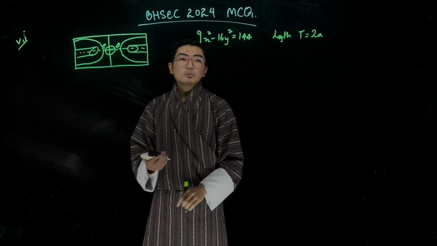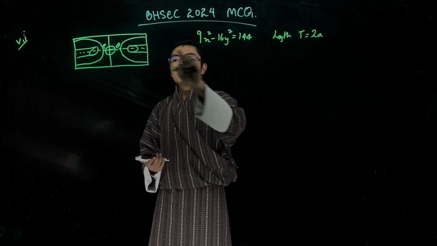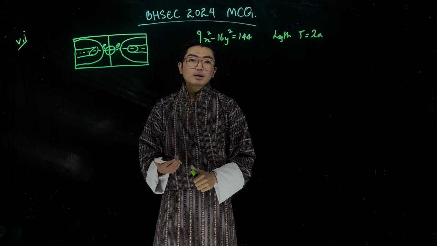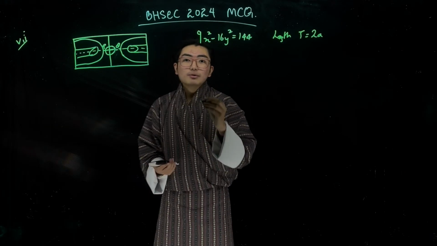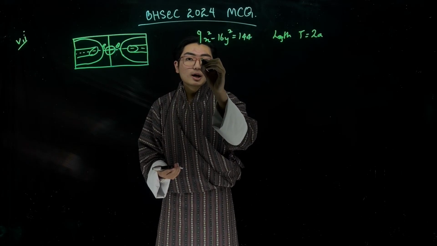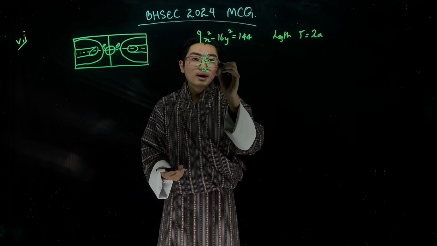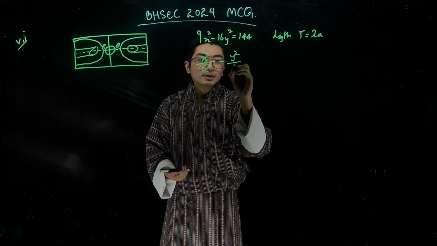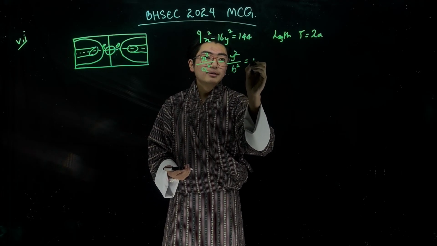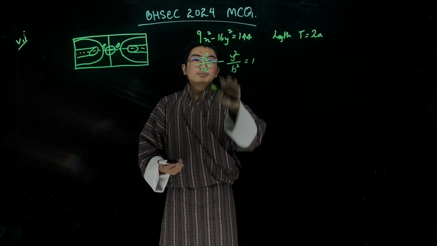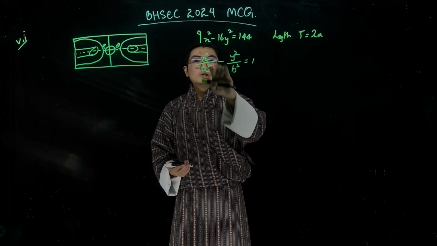Now we are also given an equation, which is the equation for this hyperbola. So first and foremost, let's write down the general formula for the horizontal hyperbola, which is x squared over a squared minus y squared over b squared equals 1. Now let's make this equation similar to this general formula.